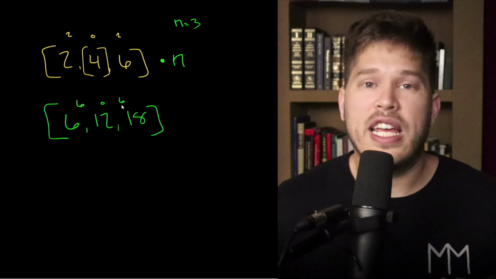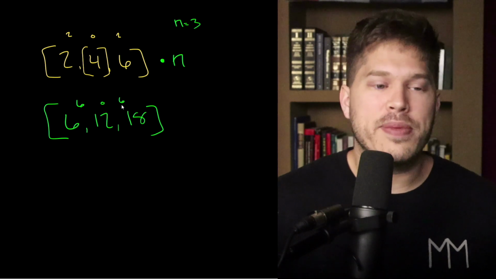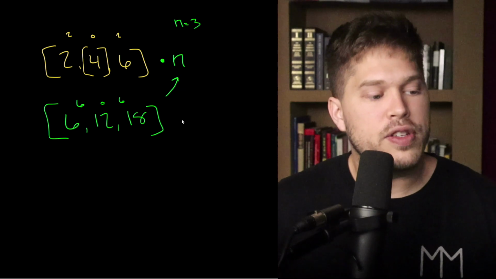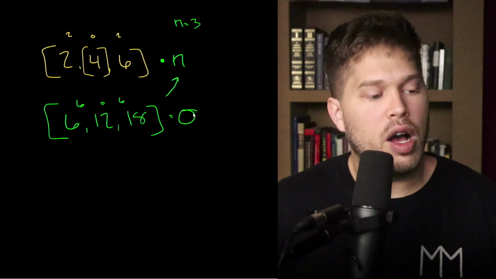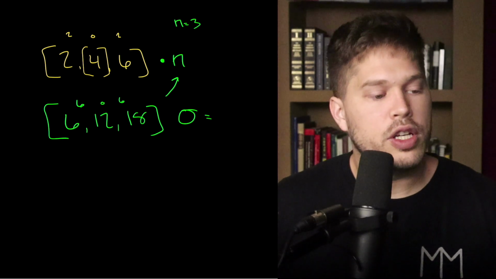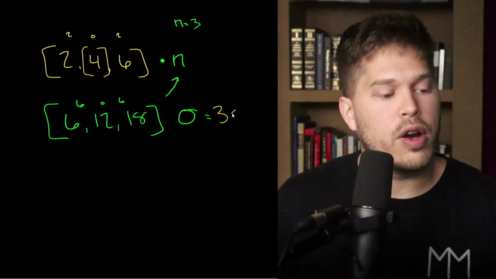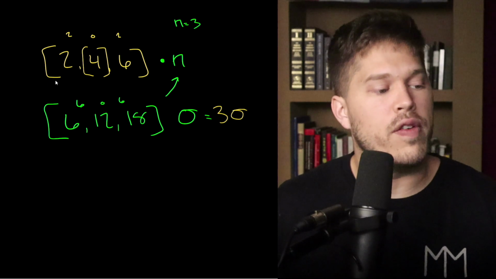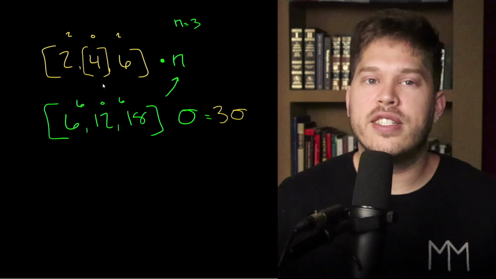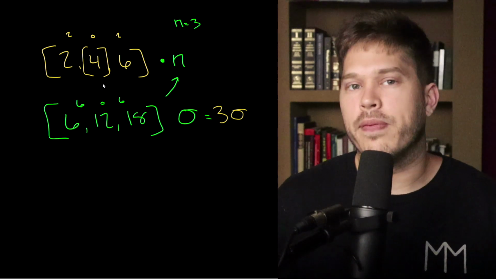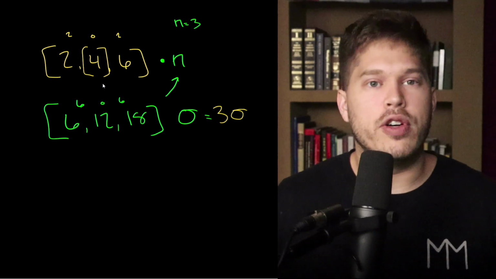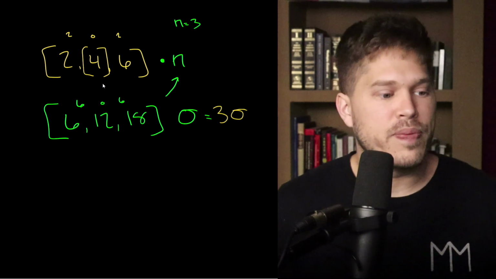And actually, it increased by the same scale factor by which we multiplied our set. So the standard deviation of this green set of numbers is equal to 3 times the original standard deviation of our yellow set of numbers. So if you scale a data set by some factor, your standard deviation is influenced by that same factor.